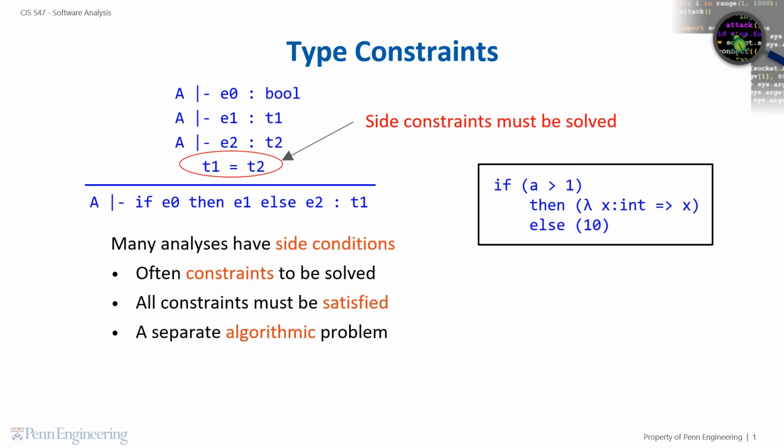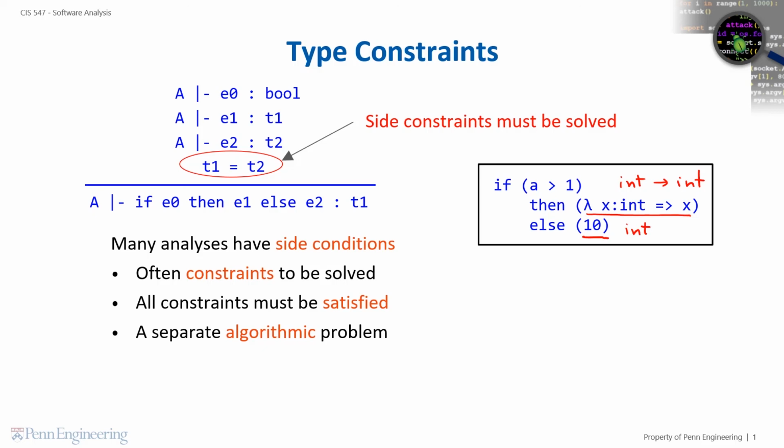For example, consider the program: if a greater than 1, then lambda x of type int yields x, else 10. In an environment where a is of type int, expression e1 in this program has type int arrow int, while expression e2 has type int.